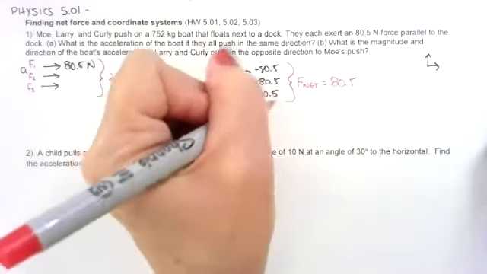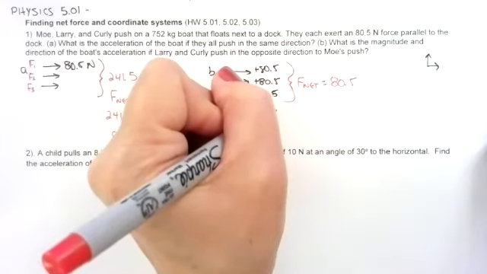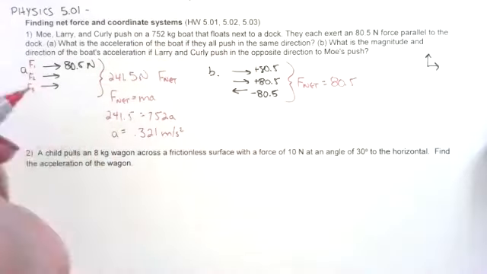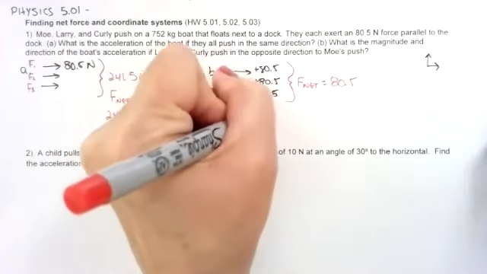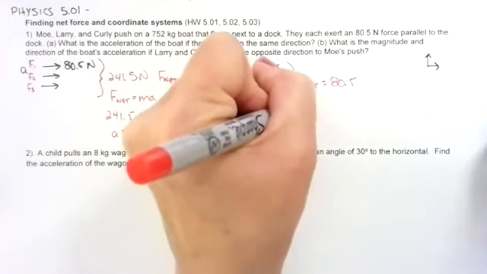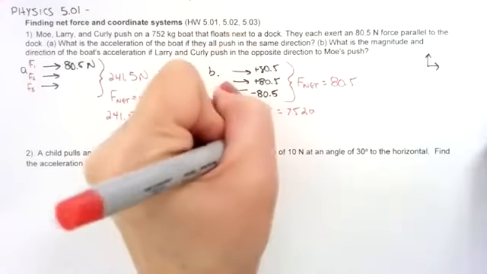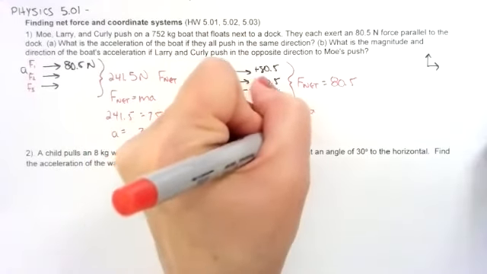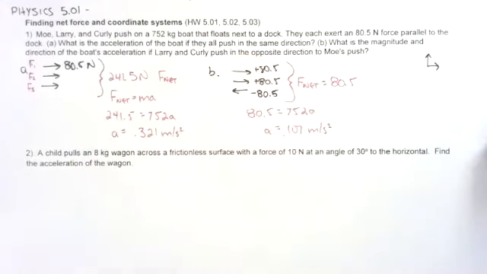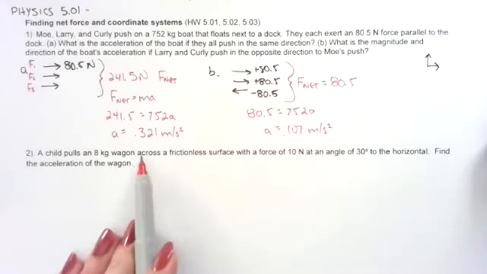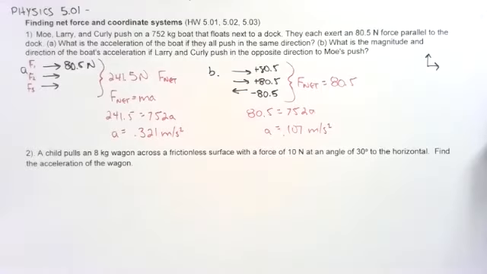So when I solve for this, I have 80.5 is 752 A, and A is going to be 0.107 meters per second squared. I had 3 sig figs. As I say, I probably carried that out too far, but it's okay.